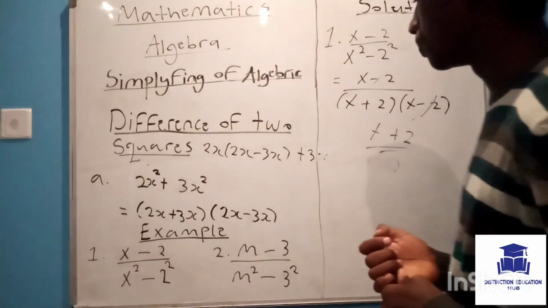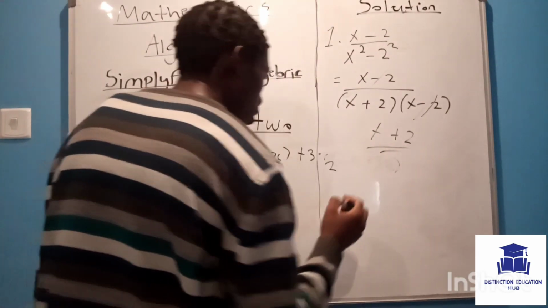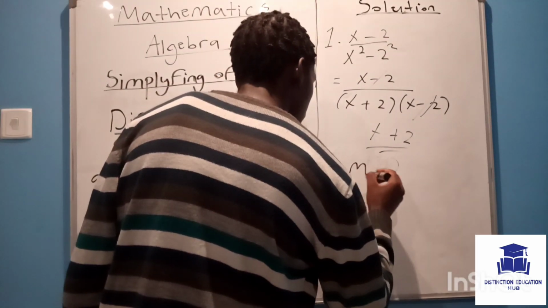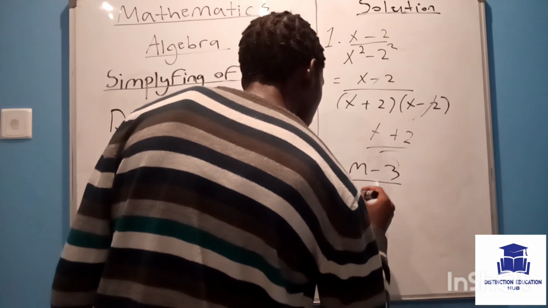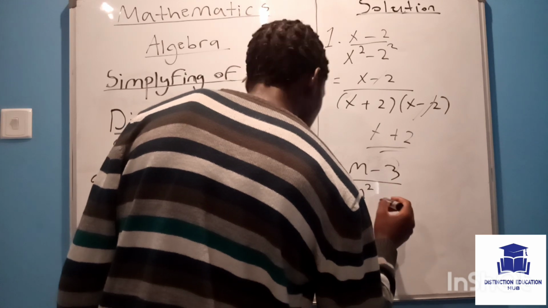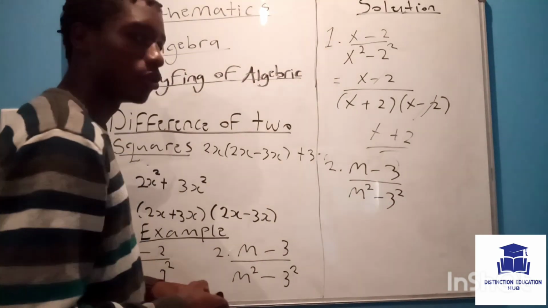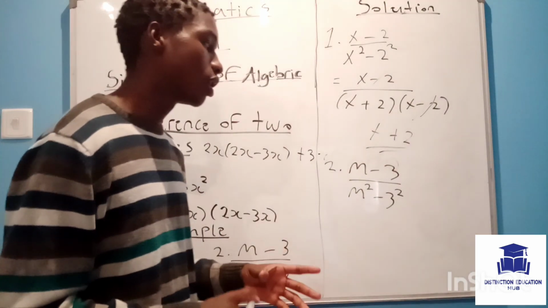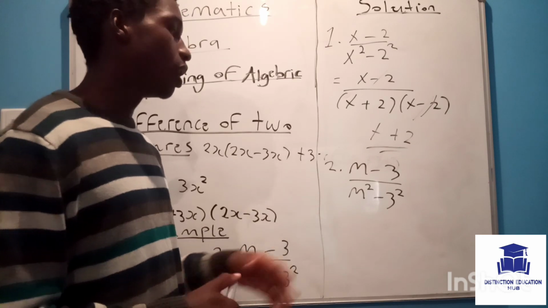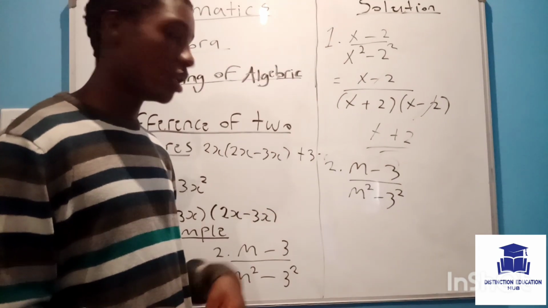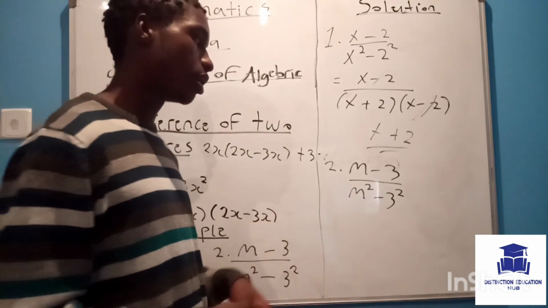Example number 2. We have m minus 3 over m squared minus 3 squared. Remember, before you do anything, you look at your equation, or rather your expression. Have they given me difference of 2 squares? Yes, it's there. So what you have to do is just expand.